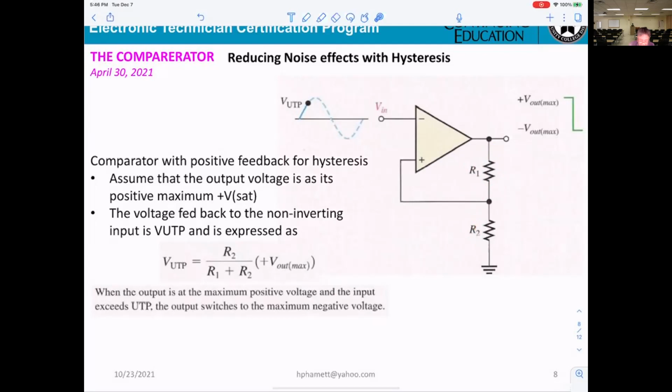Normally, when you look into this circuitry, sometimes you will get confusion. Looks like it can be what amplifier? Can you tell me? If you just look into the circuitry, can you tell me this?